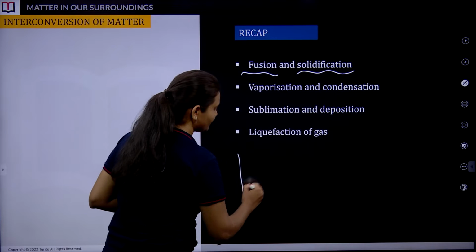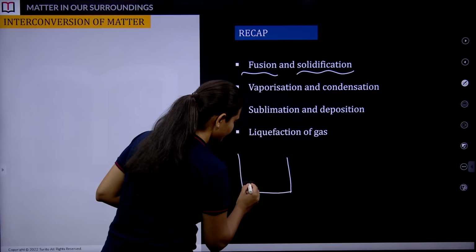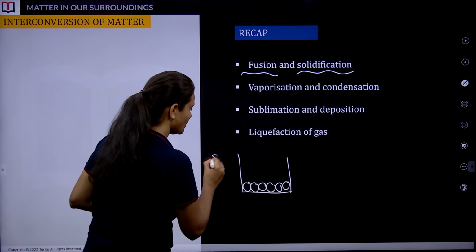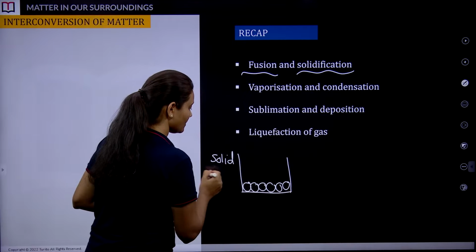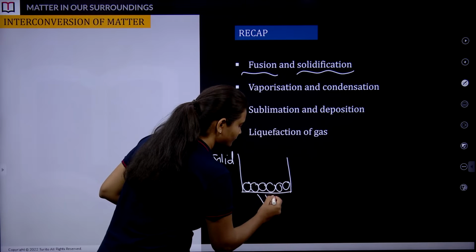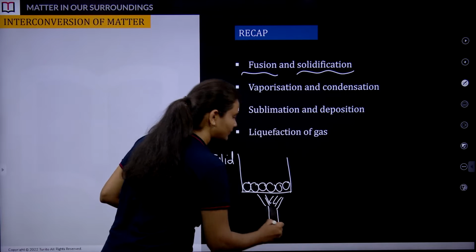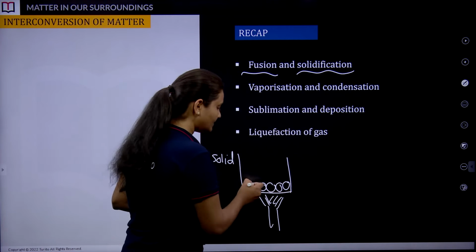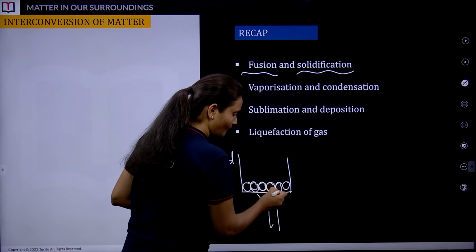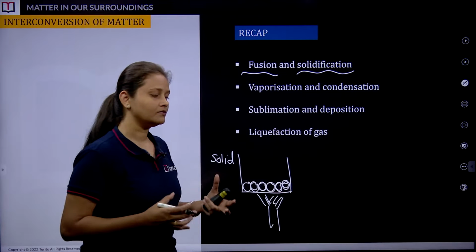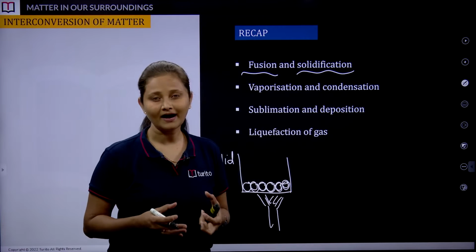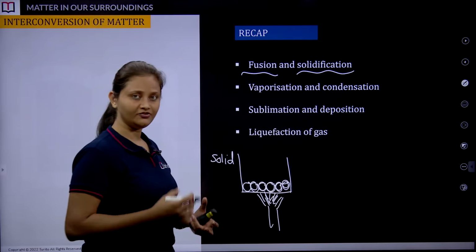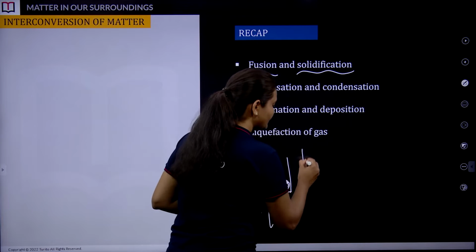Fusion. Suppose I have a matter in the solid state, and I am going to supply some heat to the solid particles. We know that solid particles are very compact, very closely packed, correct? So if you supply some external heat, definitely something is going to change.